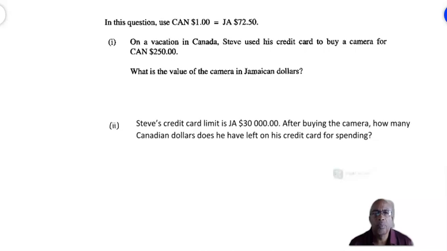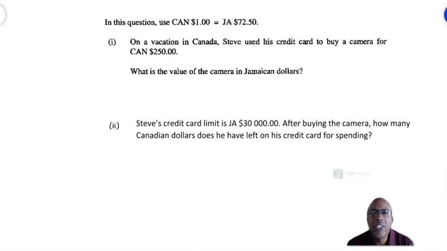This next question is on rates of exchange when you change money from one currency to another. So the question reads, we use Canadian $1 equals Jamaican $72.50 for this question. Now, what does this mean? This is a ratio.